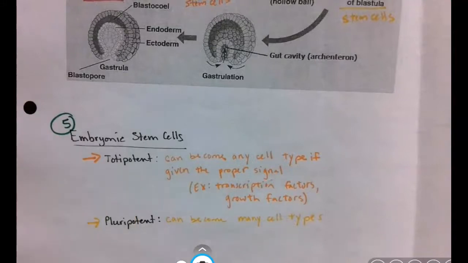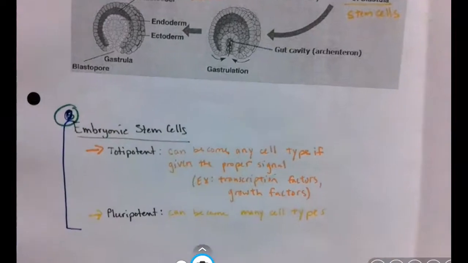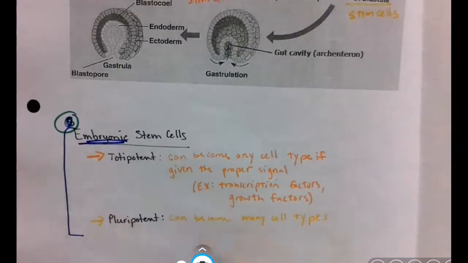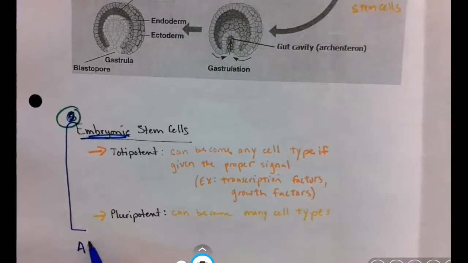Both totipotent and pluripotent stem cells are examples of embryonic stem cells found in your embryo. As you continue to develop, these cells specialize even more. So as you get older, you can also have adult stem cells.